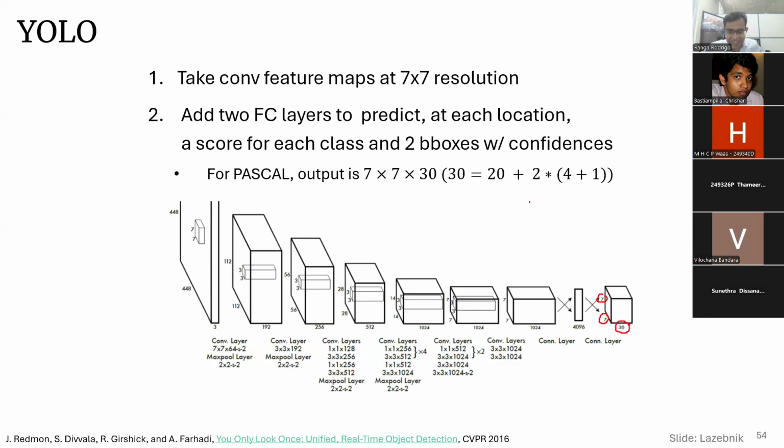Because as I mentioned, in the Pascal VOC there are, sorry, 20 classes and two bounding boxes B. And for each bounding box, you have to predict X, Y, W, H and the confidence. That's why there are 5 numbers there. So altogether, this is the size of that structure. So you can see why this is like that.